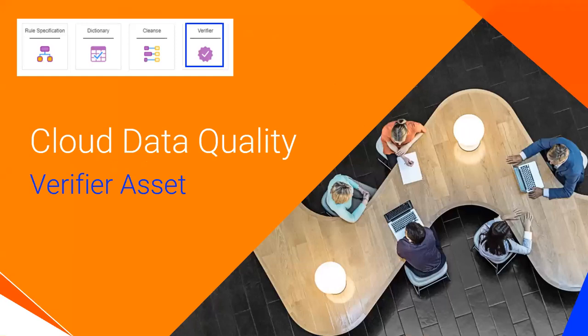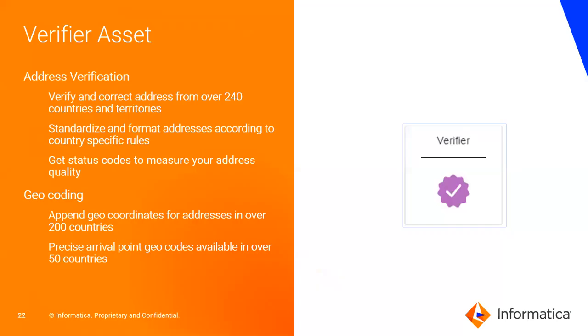Now let's finally see a verifier asset. So we have seen rule specification, dictionary, and cleanse till now. Now we'll see what a verifier asset is. So in cloud data quality, we have the capability of address verification using the verifier asset.